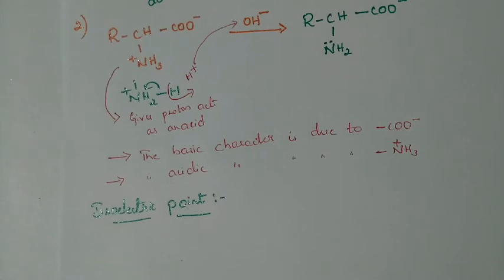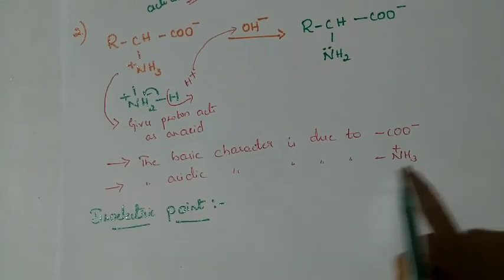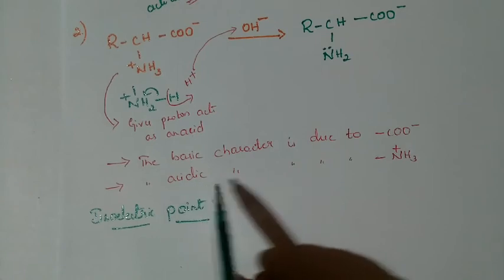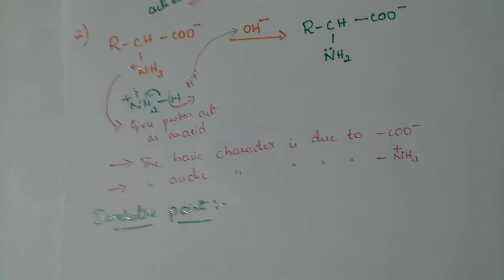Suppose the aqueous solution we have prepared is alkaline in nature, then amino acids exist as negative ions, because we know that the NH3 plus group is responsible for acidic character and the COO minus group is responsible for basic character.